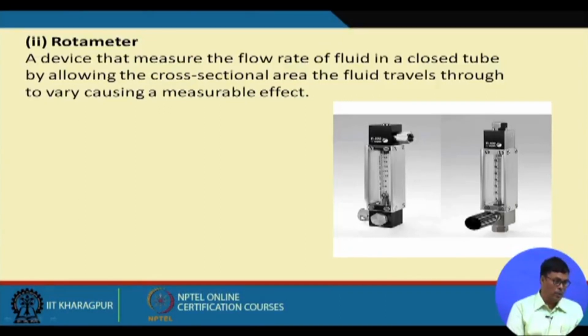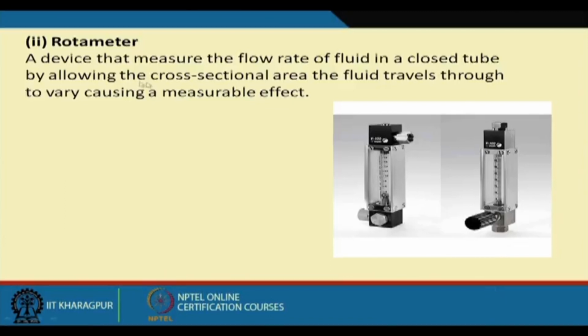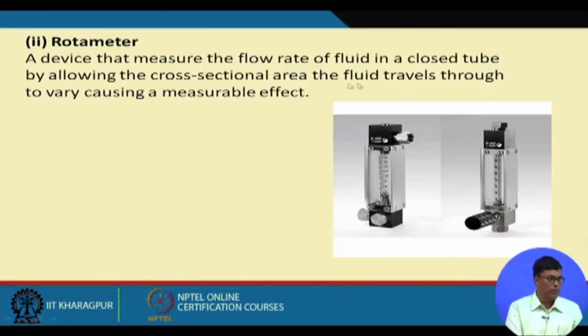When air comes in, as your flow rate increases, this ball will float more. It will go up and up. It is a device that measures the flow rate of fluid in a closed tube by allowing the cross-section area of fluid travel to vary, causing a measurable effect.